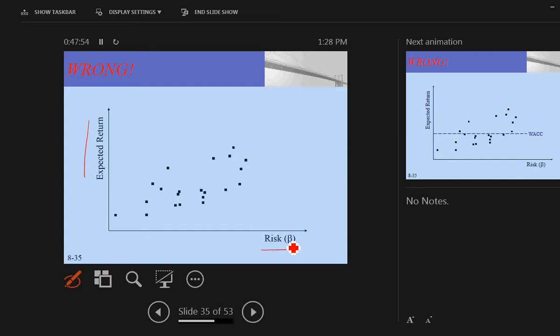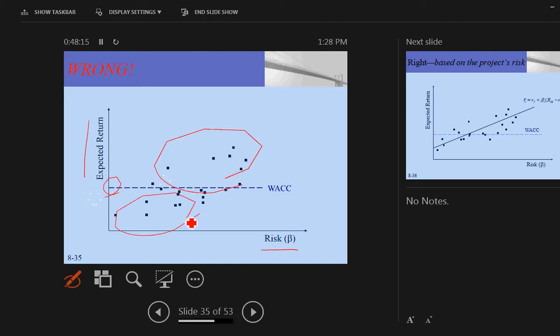That's all there is to it. However, applying a single value as your weighted average cost of capital means you're going to have this horizontal line that stands for a certain amount as the weighted average cost of capital for this whole company that is considering all these projects. And you're going to say, okay, these are the projects that I want, and these are the projects that I don't want, right? But that's really wrong. That's really, really wrong. You shouldn't do that.